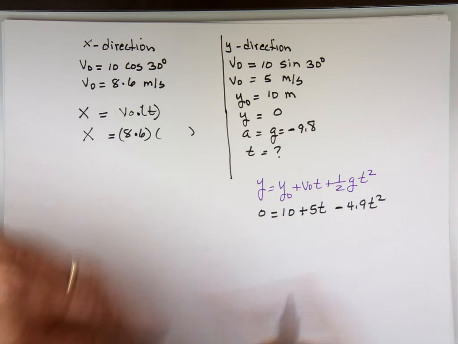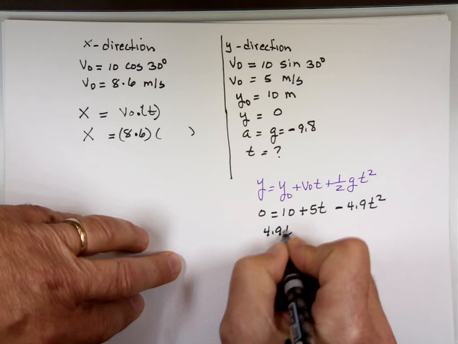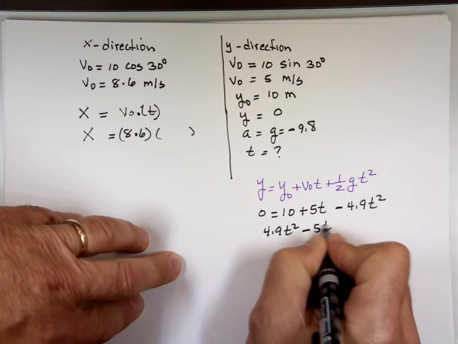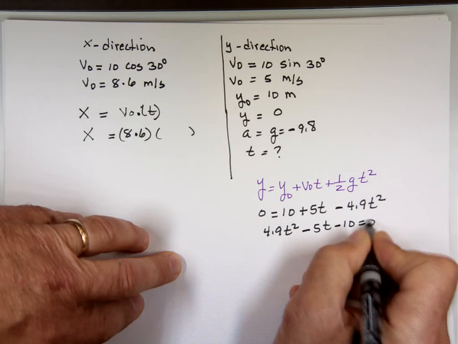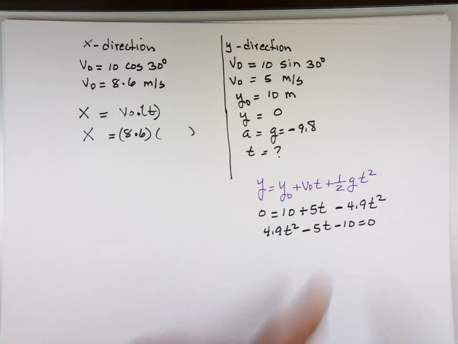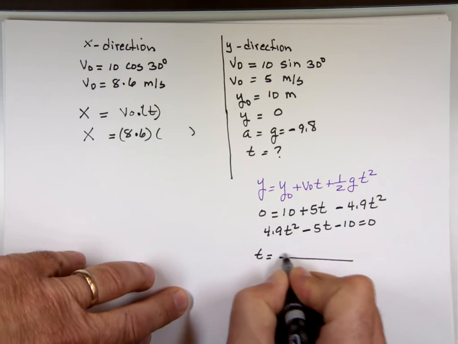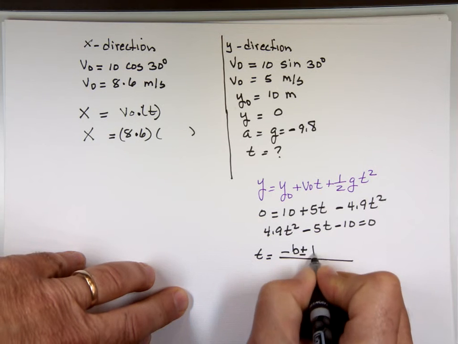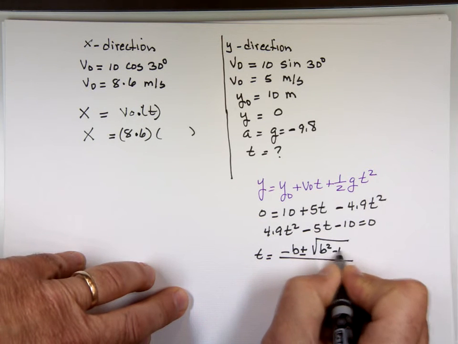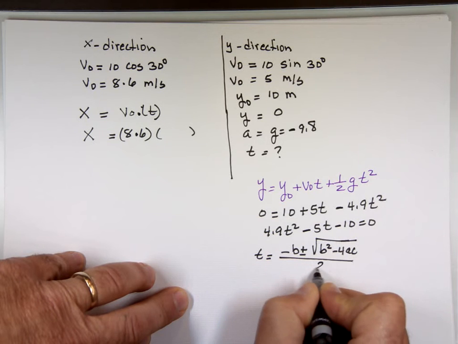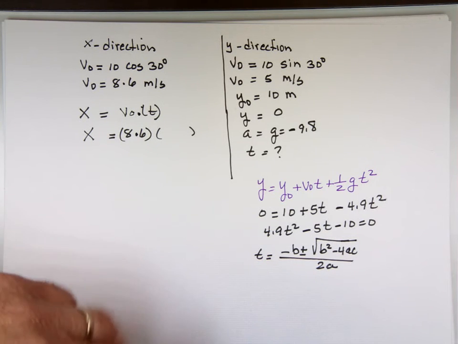4.9 t squared minus 5t minus 10 equals 0. I'm going to divide everything by -1 to make that positive. To solve this, I have to use the quadratic formula. So t equals minus b plus or minus the square root of b squared minus 4ac, divided by 2a. That's a 5.